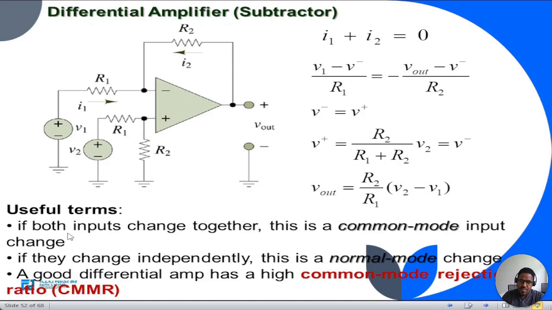So useful terms for the differential amplifier: if both inputs change together, this is a common mode input change. If they change independently, this is a normal mode change. A good differential amplifier has a high common mode rejection ratio, that we can call CMRR. In the previous lecture we have seen common mode rejection ratio.